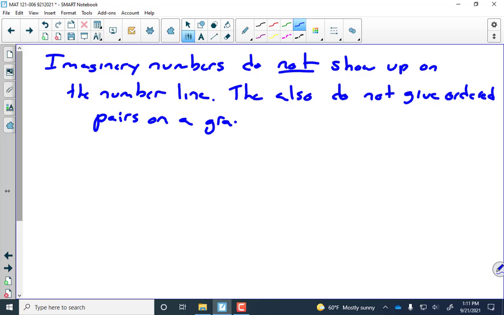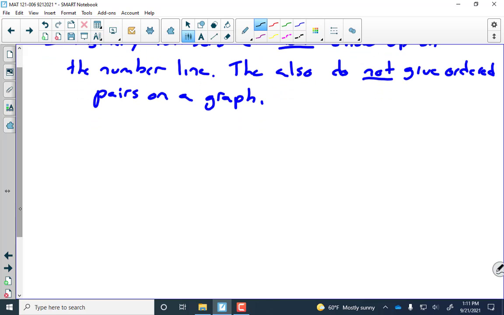on a graph. That's interesting, everyone, because normally if we plug an x value into a function and it spits out a y value at us, that's how we find an ordered pair, a point we can actually plot on a coordinate system. But imaginary numbers, because they don't show up on the number line, do not give us ordered pairs. You see, the square root of negative 3 is not on the number line.